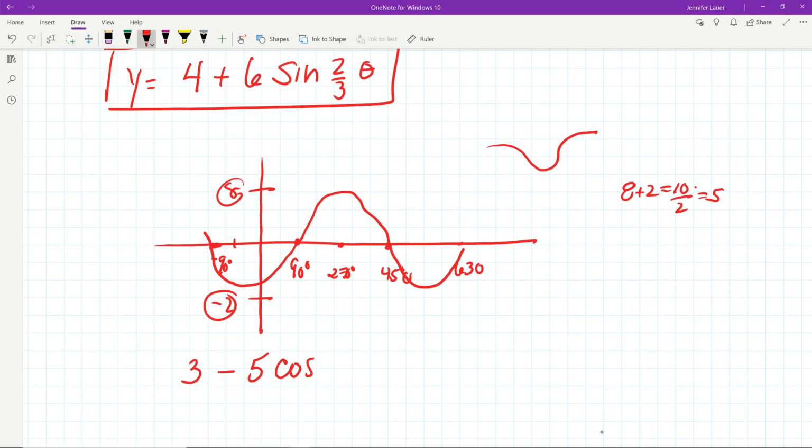Now we know it goes from, I'm going to say 450 to 270, so 450 plus 270. The reason I'm going that way is because it's a little bit easier to see what's happening here.